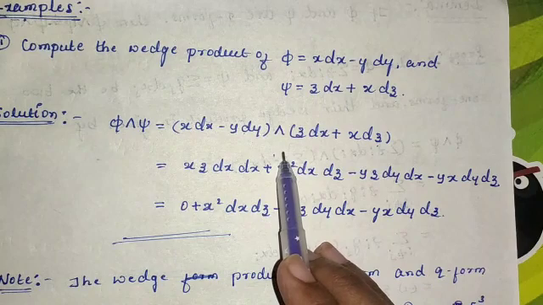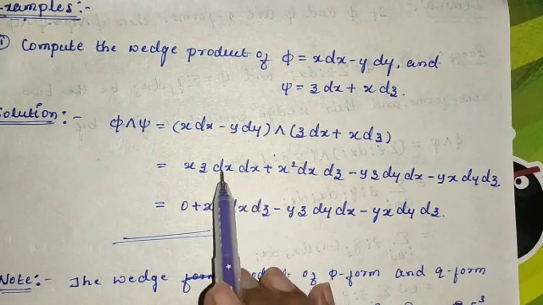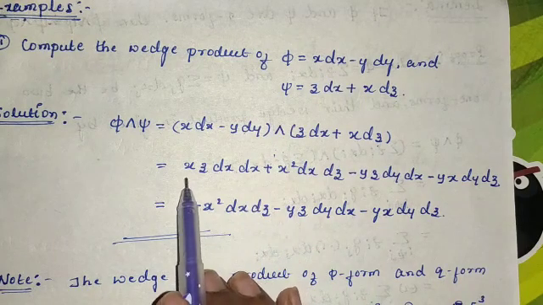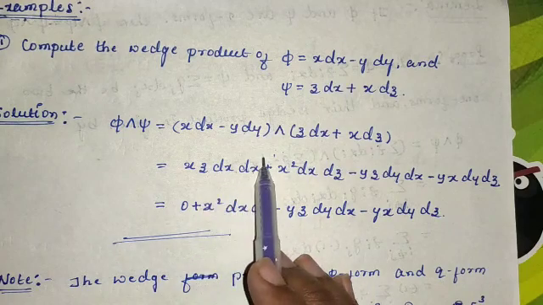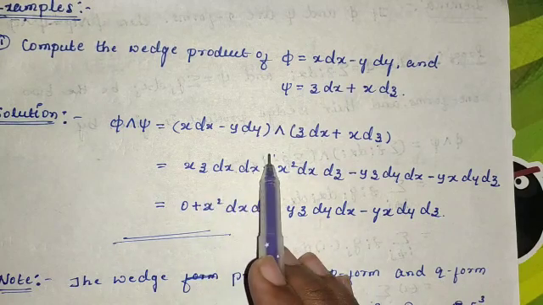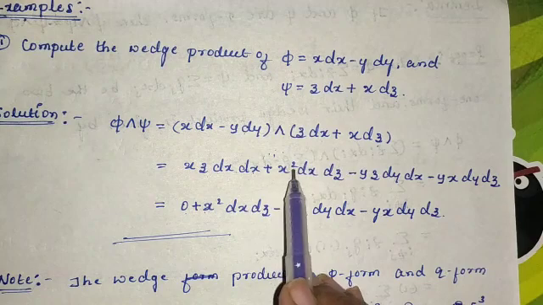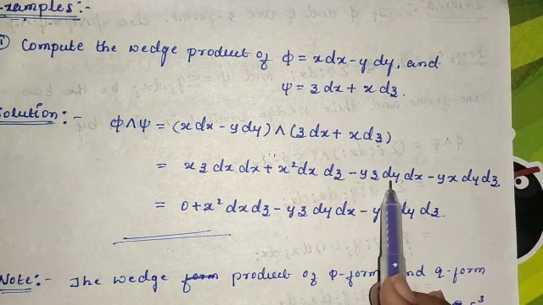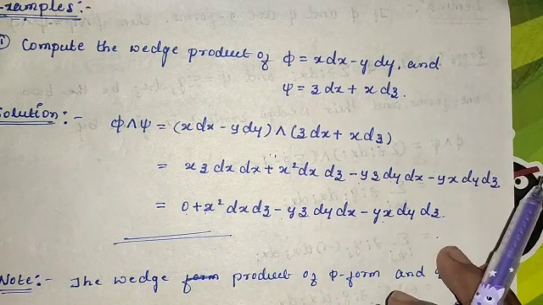You should remember that. So xz dx into dx is repeated, so this value becomes 0. Therefore this value is 0 plus the remaining: x square dx into dz minus yz dy into dx minus yx dy into dz.